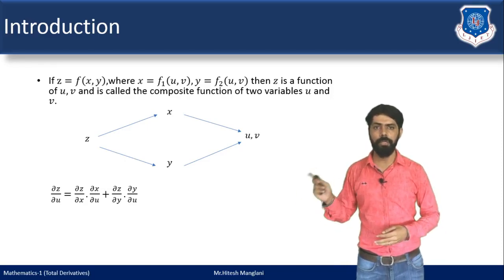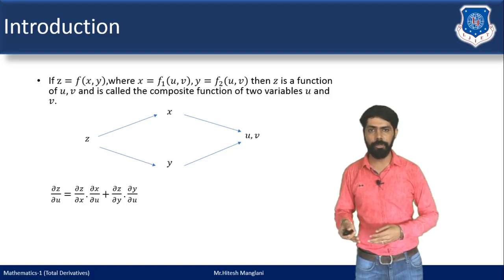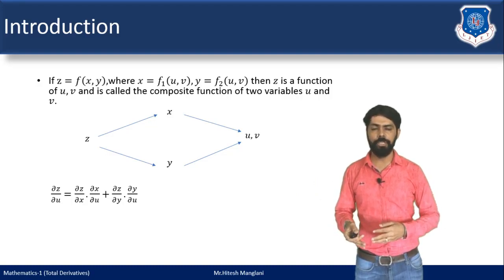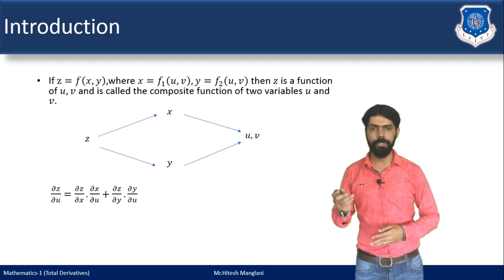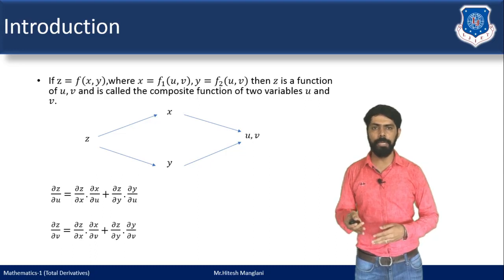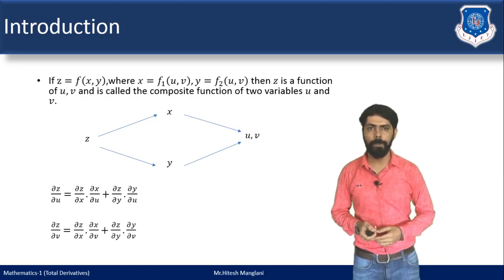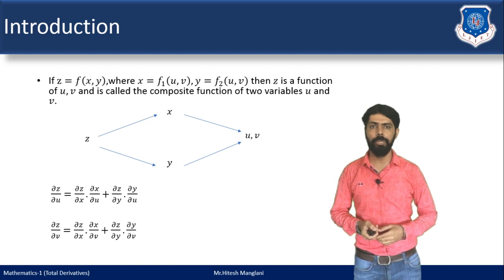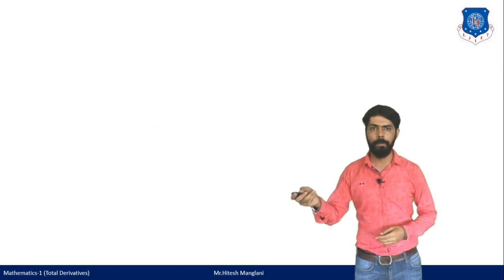Therefore everywhere here it is del. As we have discussed earlier, whenever it is a function of two or more than two variables, then we will use the symbol del. Now del z by del v will be del z by del x into del x by del v plus del z by del y into del y by del v.